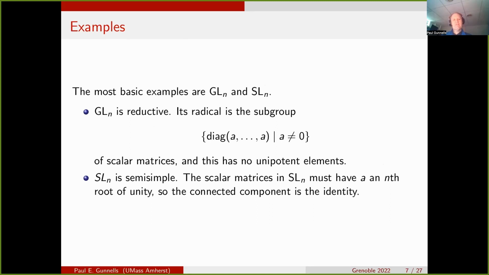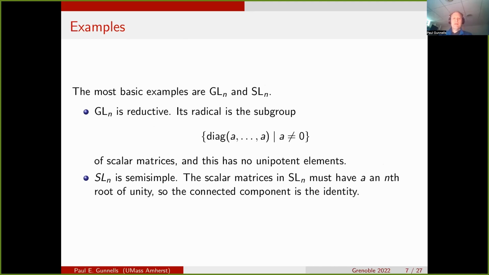So the most basic example is, of course, GL_n and its favorite subgroup SL_n. So GL_n is reductive. The radical is the subgroup of scalar matrices, so the diagonal matrices where everybody is the same, and of course they have to be non-zero. And there's certainly no unipotent elements in there, so its unipotent radical is trivial. SL_n is semi-simple.